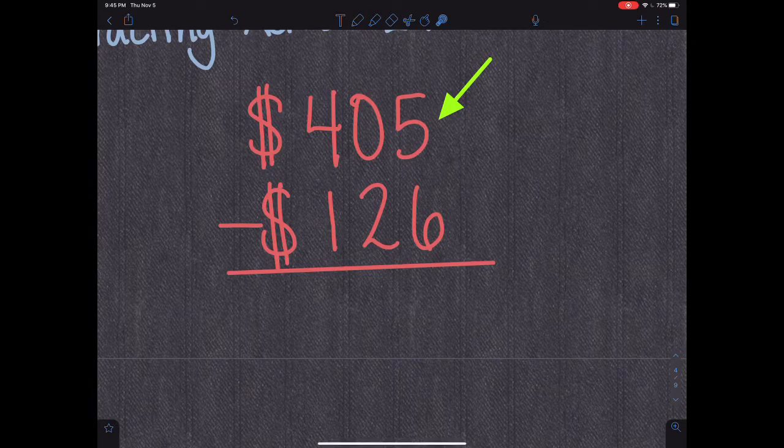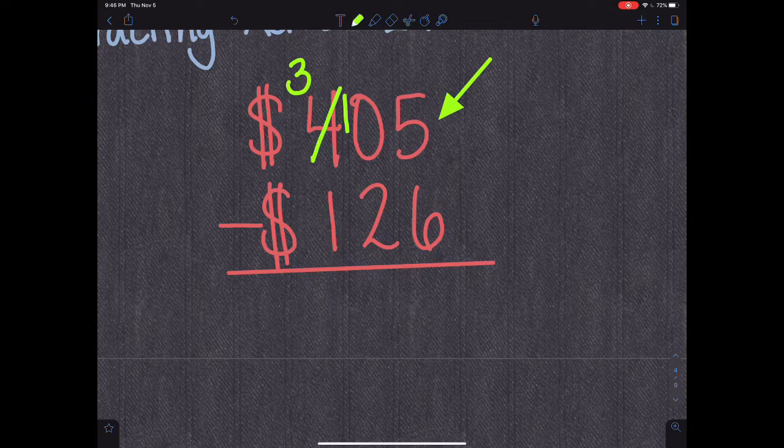So what we first have to do is go all the way over to the hundreds place and borrow from there. So if we borrow from the 4, we're going to make this a 3, and then we're going to put a 1 here to make this middle number a 10. And now that this is a 10, we can borrow from it.